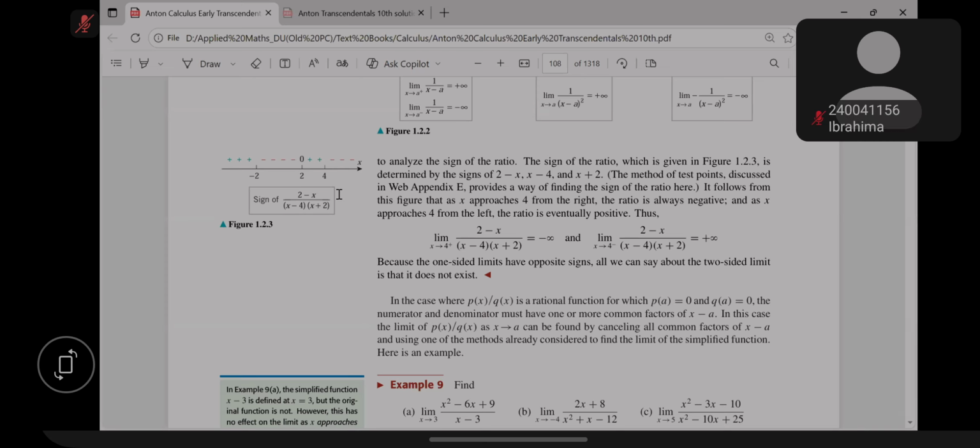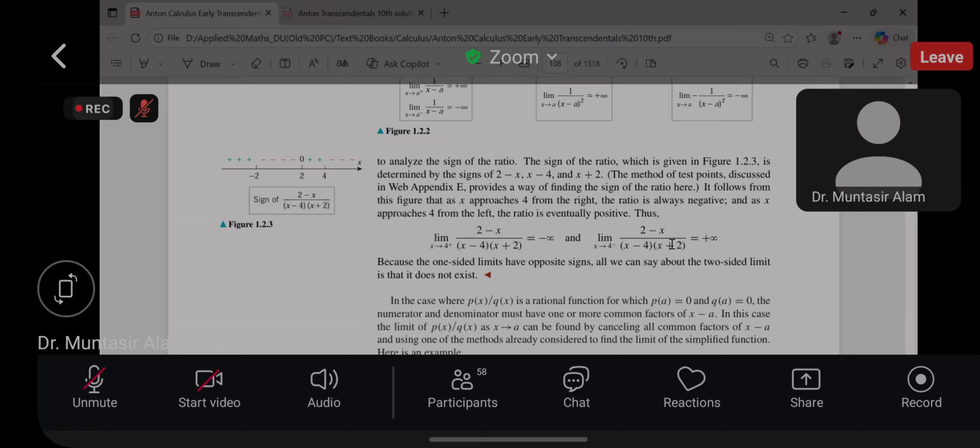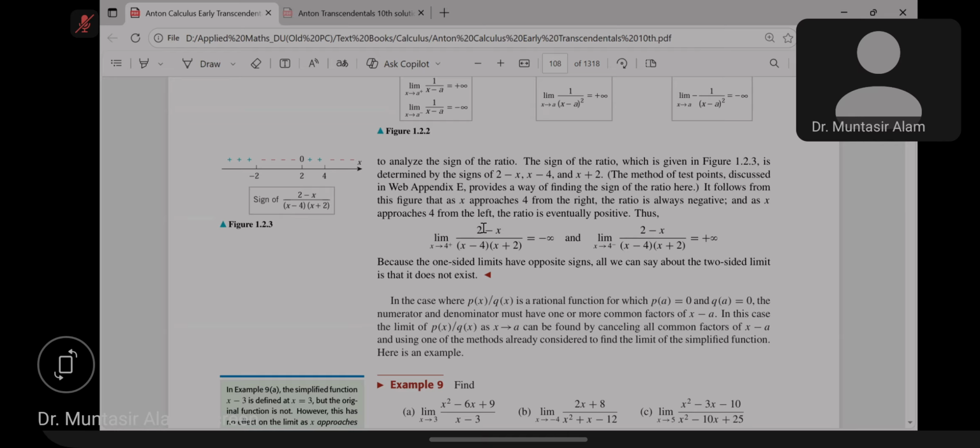Yes, sir. The limiting value of the function as x approaches 4 from the left side is plus. Do you understand? So this is plus infinity.